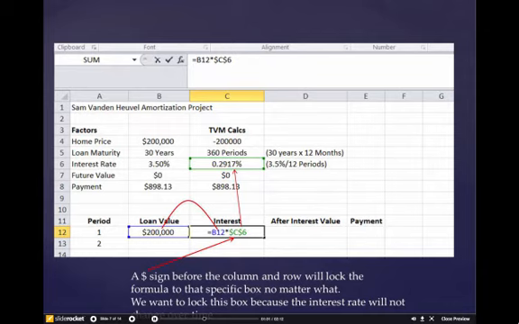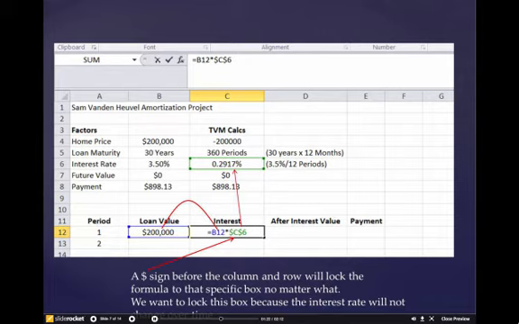What we're building is our loan value times the interest rate, because we need to add that interest to the loan value, since that's what we're paying back the bank. For the bank loaning us the $200,000, we need to pay them interest. So this is what they're making off of it for that payment.